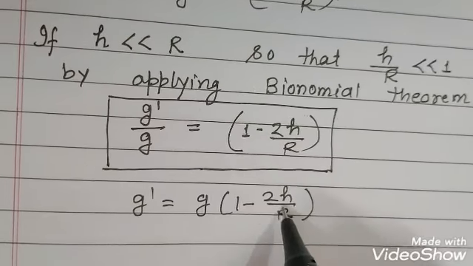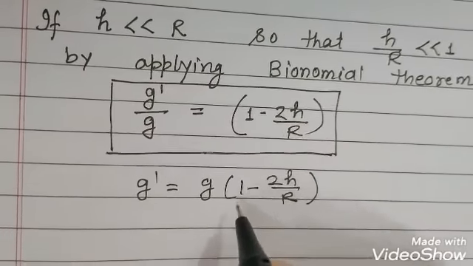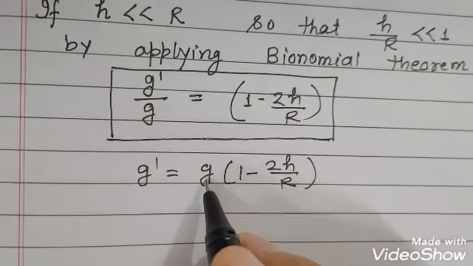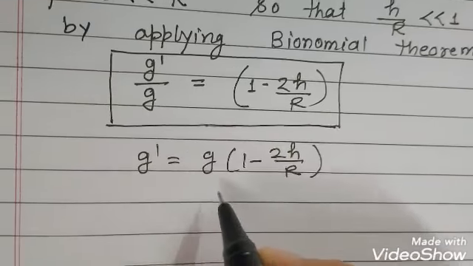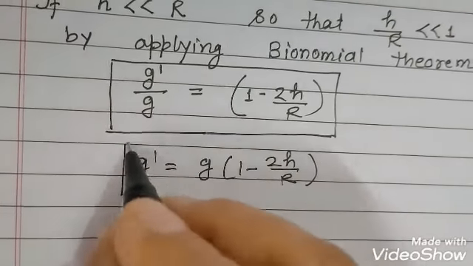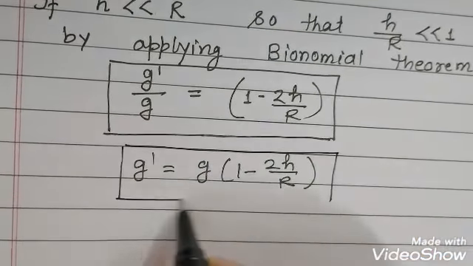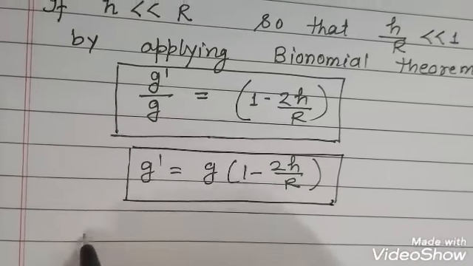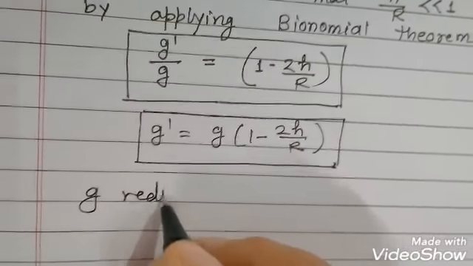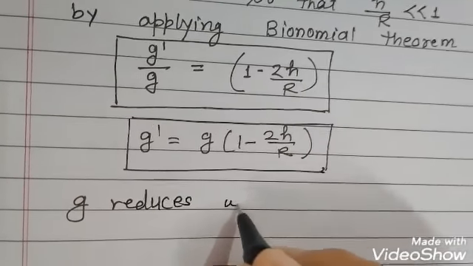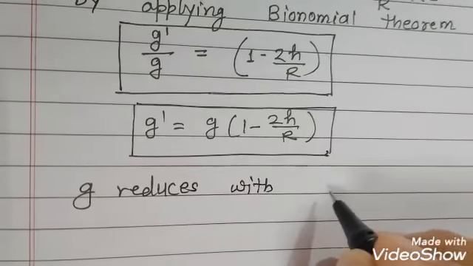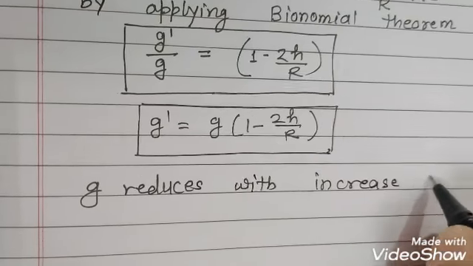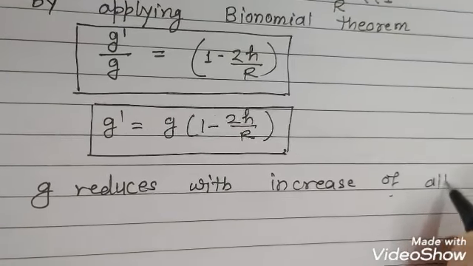So if 1 minus something is there, the quantity will come less than 1 and multiplied with g, so g will reduce. So we can say from this formula that g reduces with increase of altitude.